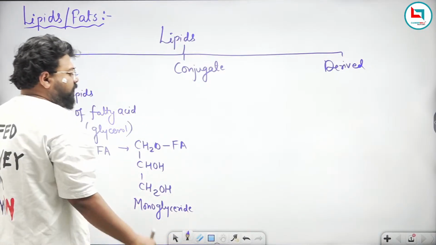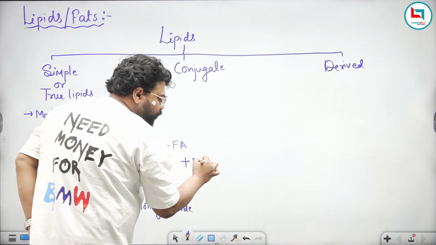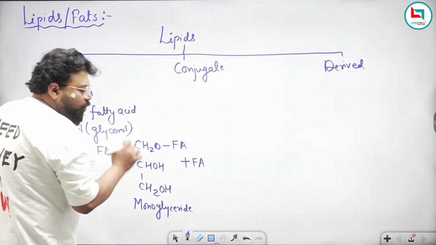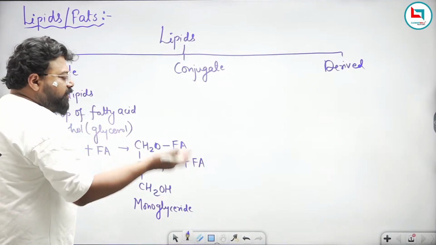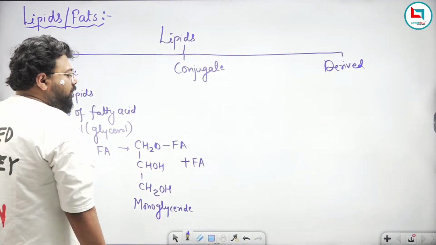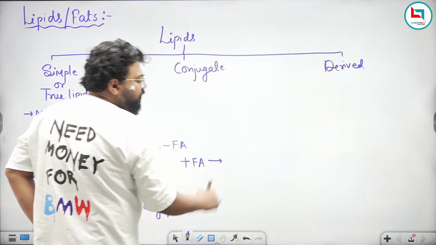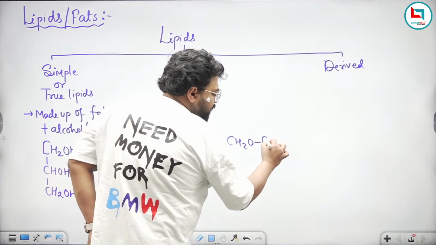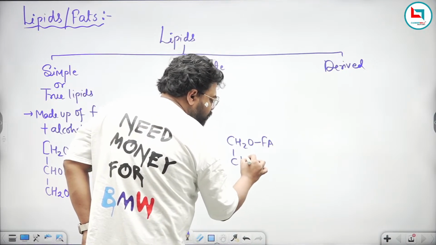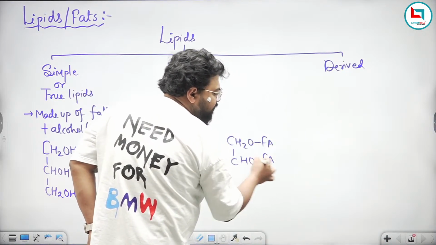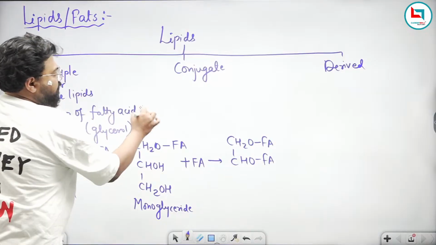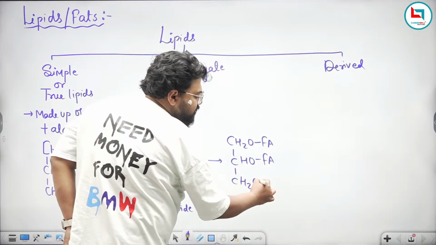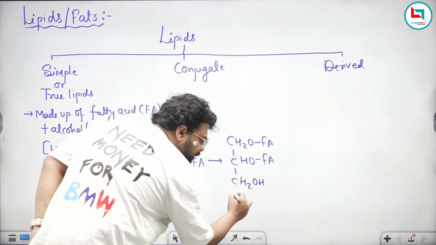Now let us suppose another fatty acid reacts with this monoglyceride. This is again an acid, this is an alcohol. Whenever there is a reaction between acid and alcohol, bond formation takes place and this bond is known as ester bond. So CH2OH, CHO-Fa, CH2O-Fa. Fa means fatty acid. So this is diglyceride.